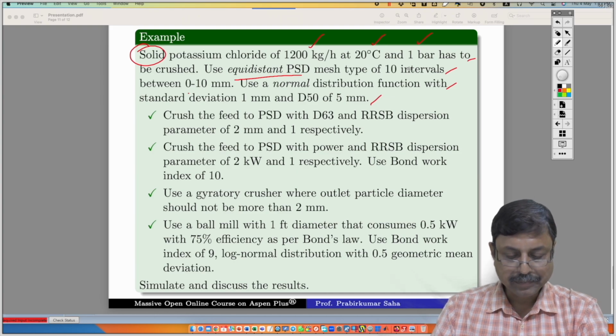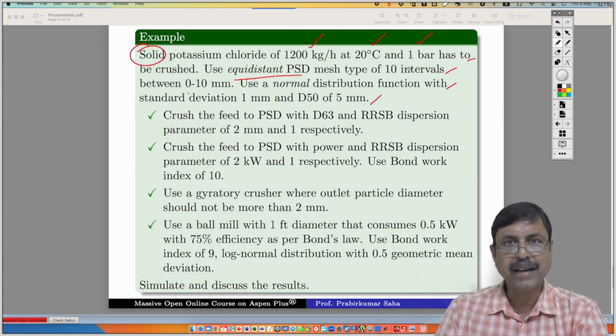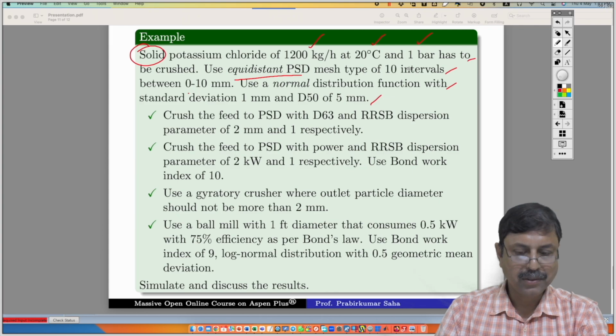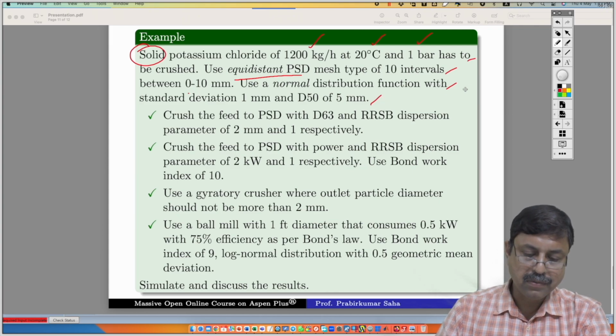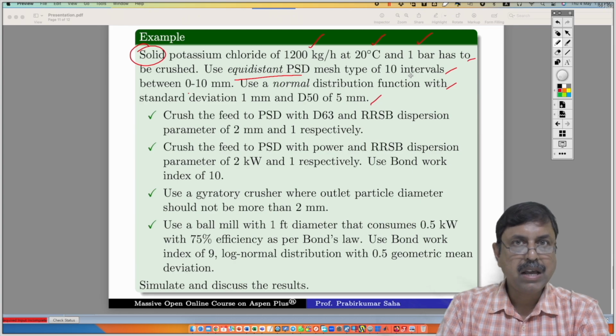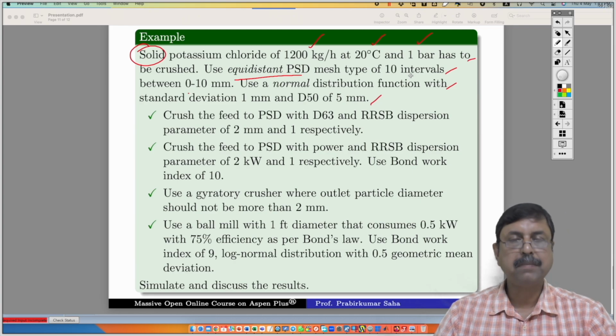That means the feed also has a particle size distribution. That's what it means. It has a normal distribution function with a standard deviation of 1 millimeter and D50 equal to 5 millimeter.